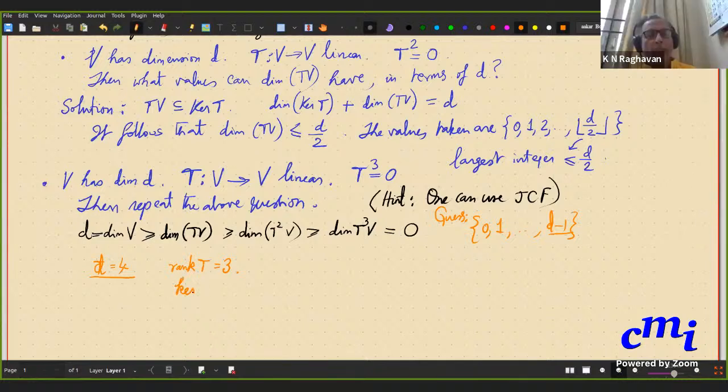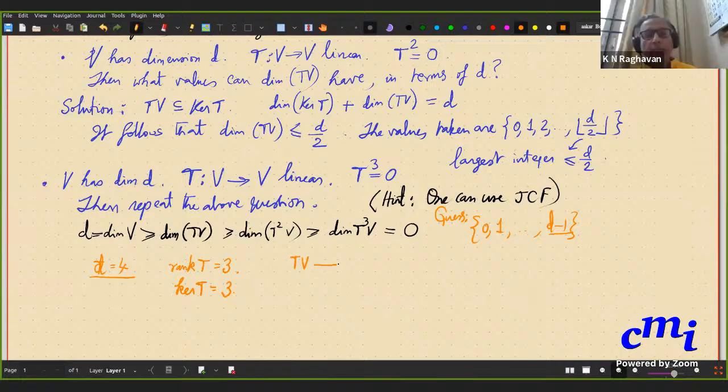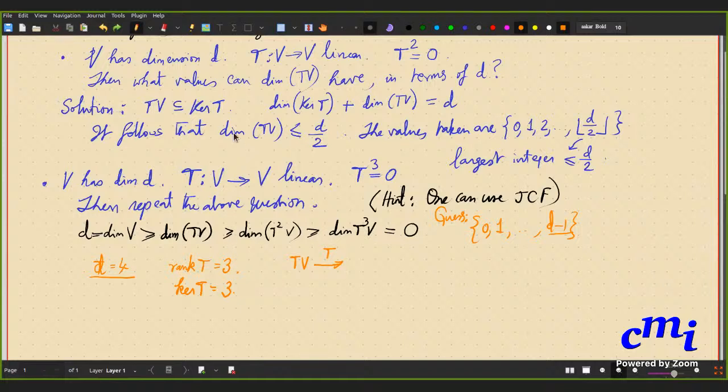Okay, the kernel of T is one dimensional. Now look at this: you have TV, and you have a map going to T squared V, correct?